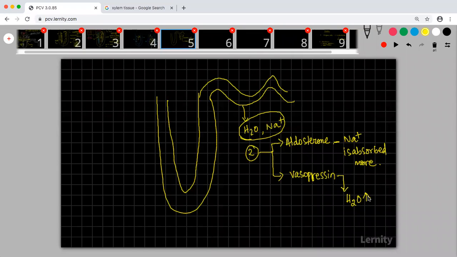So sodium is absorbed more and water, what is absorbed more? Vasopressin will ensure that water is absorbed more. Aldosterone will ensure sodium is absorbed more.